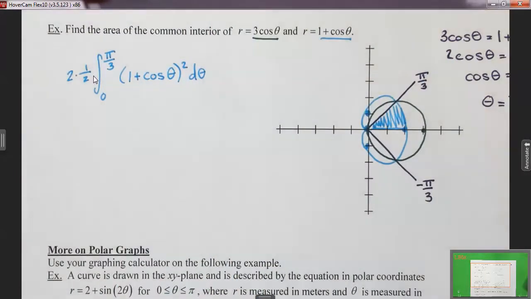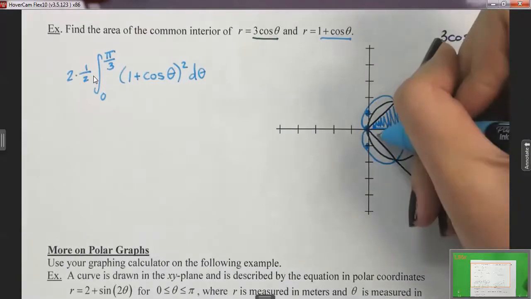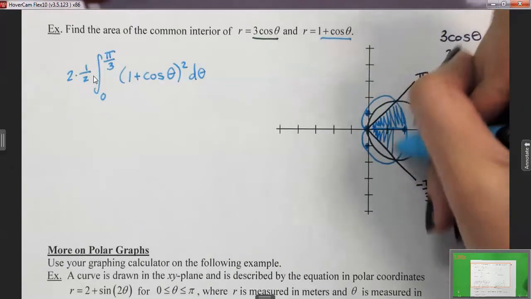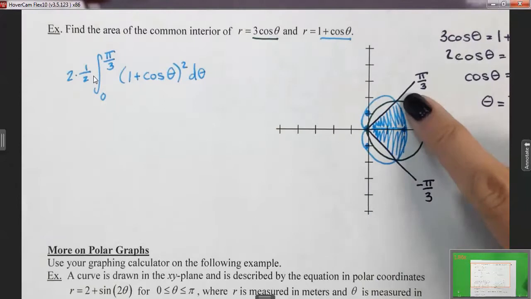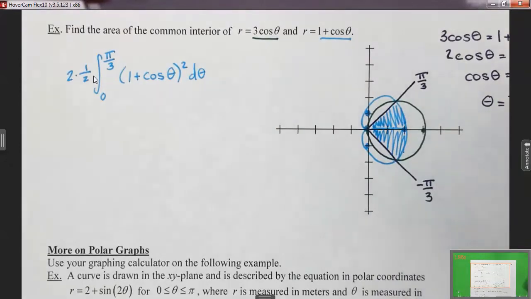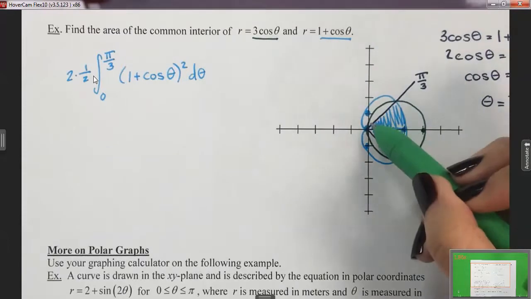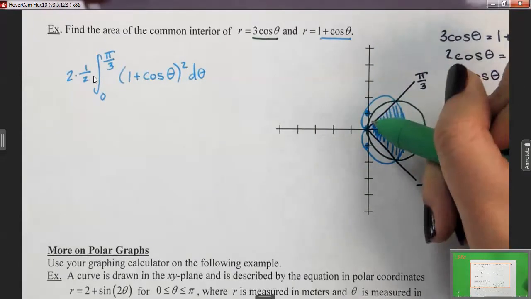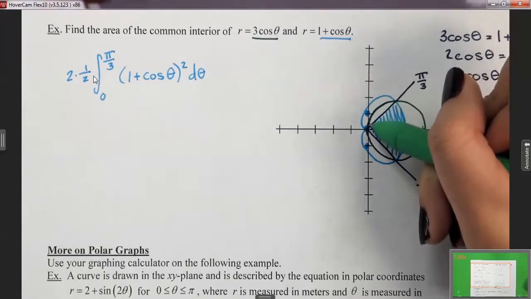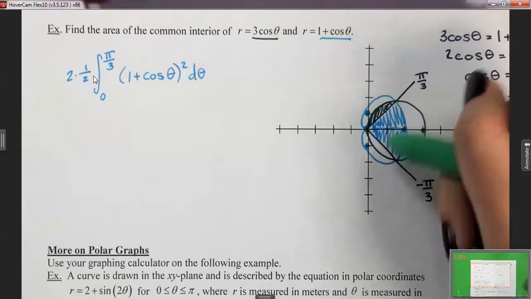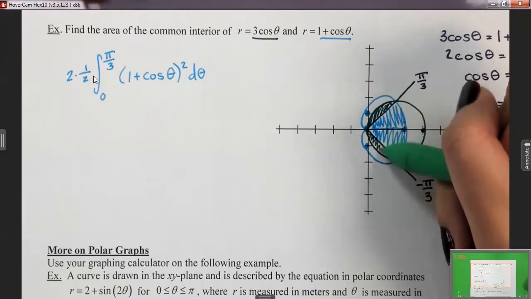But there's a problem, because I want the area of the common interior. If I double it, it would get me from here and here. But there's something missing: these two little small pieces that go with the green graph. So I need to add these two little small pieces on.